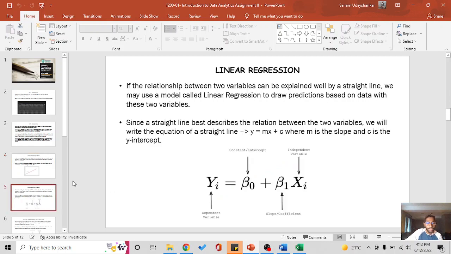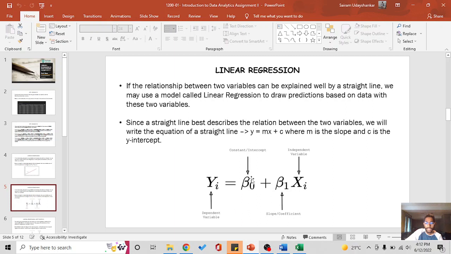In the linear regression model, we will come to know the y-intercept and the coefficients for each of the variables, each of the features.